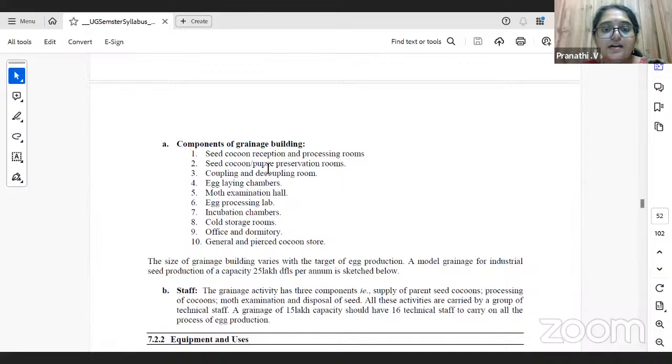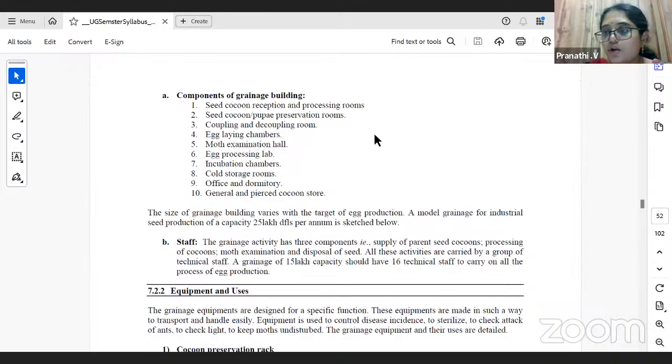So you can see again different kinds. You have your reception processing rooms, pupation rooms, coupling decoupling rooms, egg laying chambers, moth examination hall, pupa examination hall. Like I told you, if they want to check for the pebrine disease, they're going to take the pupa gut and check.